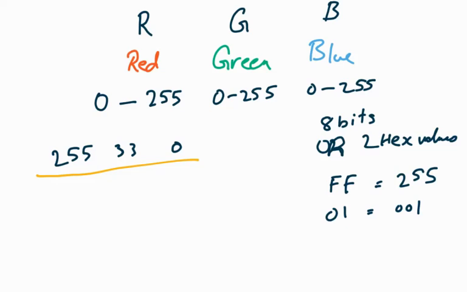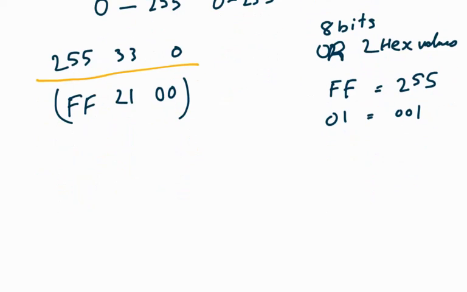But instead, when you use hexadecimal, you'll just have to write an FF, 21 and a 00, and this will be the total representation of the color in hexadecimal. This is also represented by a hashtag before the number, and it's written like #FF2100. So this is what a color looks like in hexadecimal notation when using it with HTML or CSS.